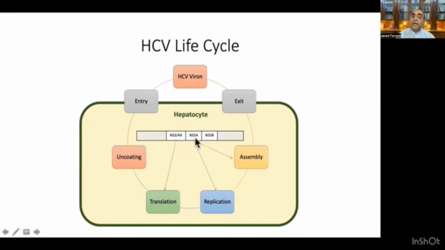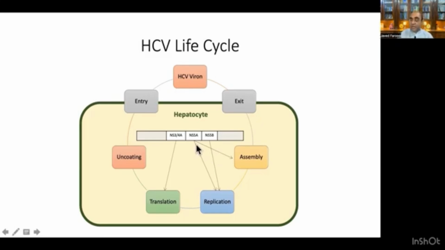Then the NS5A is responsible for the replication of the virus as well as for the assembly of the virions. So the main steps are the translation, replication, and assembly. The NS5A is responsible for the replication of the virus and for the assembly of the virus. And the replication is also mediated by the NS5B.